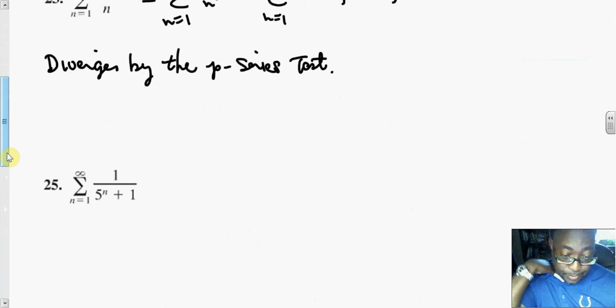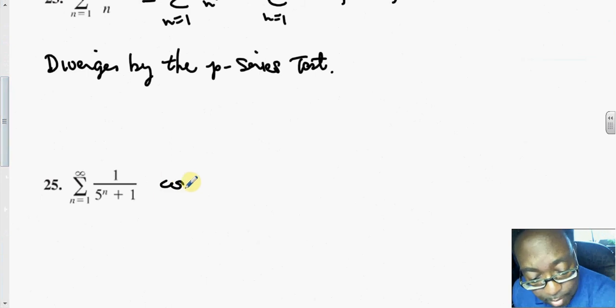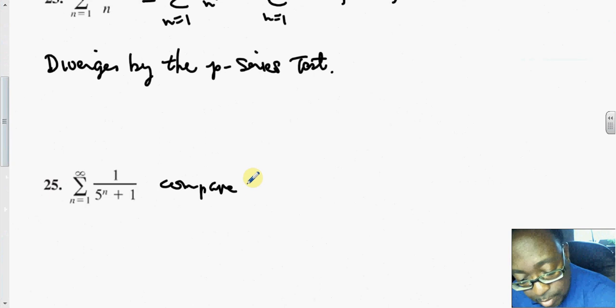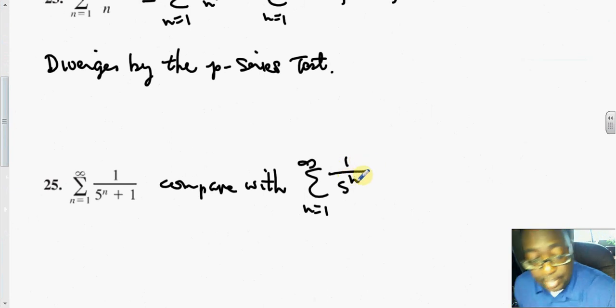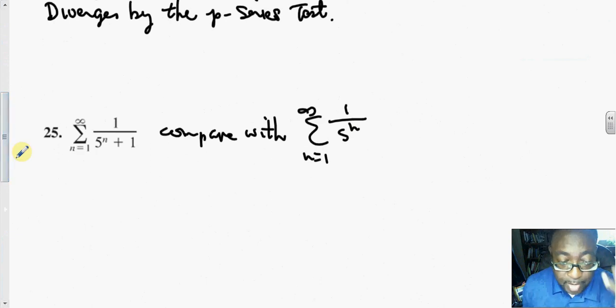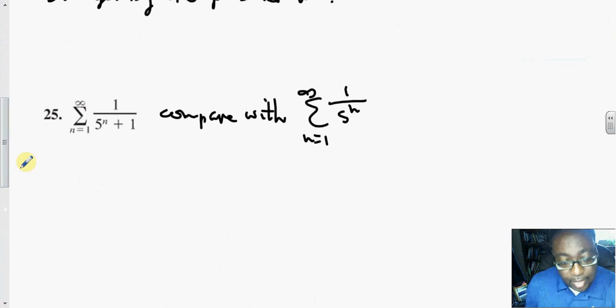Let's look at this one. We can compare with the summation as n goes from 1 to infinity of 1 over 5 to the n. You can use direct comparison or limit comparison. It doesn't matter. If you looked at 5 to the n plus 1 is greater than 5 to the n, then you would get 1 over 5 to the n plus 1 is less than 1 over 5 to the n, that could work.